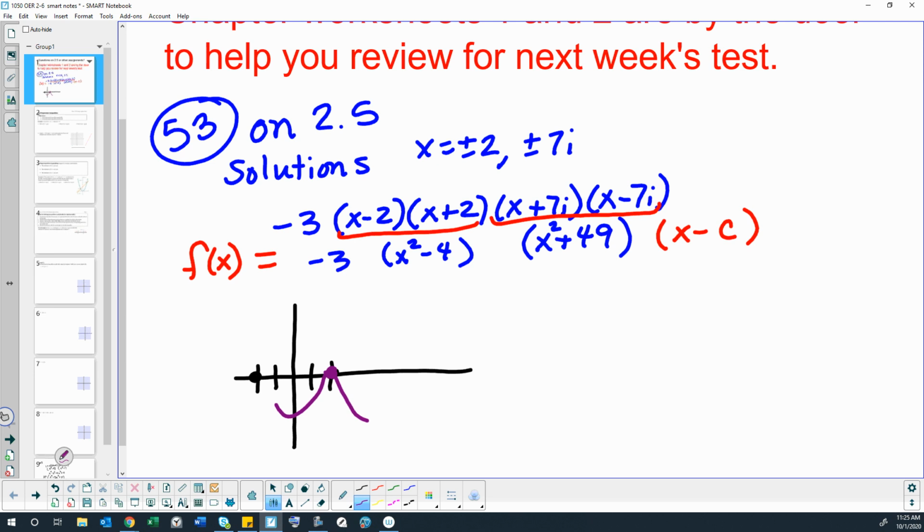What does that tell us about multiplicity? Has to cross through to be 1, like a linear. And if it bounces like a parabola, it's multiplicity 2. Okay, so if it's multiplicity 2 right there, then that actually, go back.